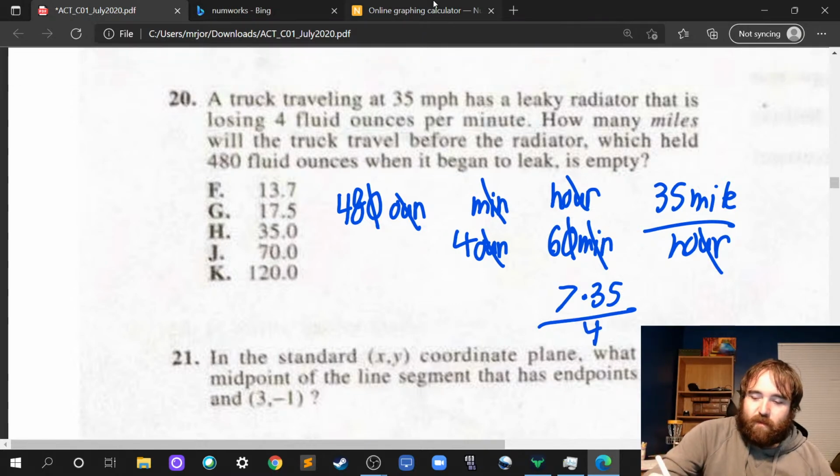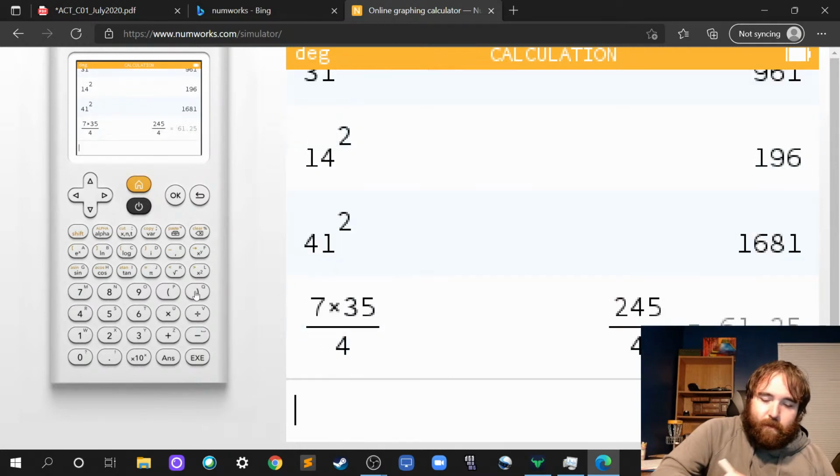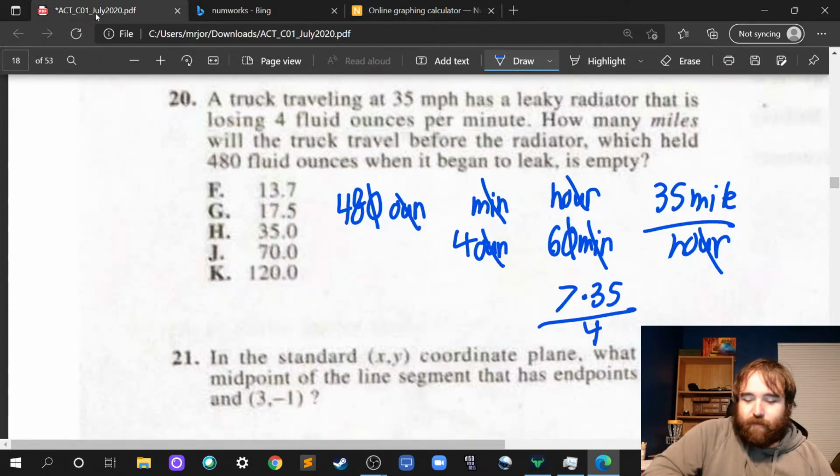Ew. Guess I'm using NumWorks for that. That's dumb. 61.25? That's not an answer. What? 480 ounces. 4 ounces a minute. 60 minutes in an hour. 35 miles an hour.